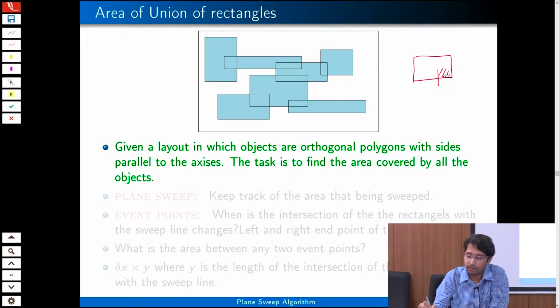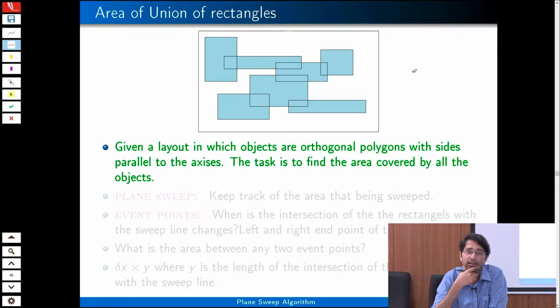So how to solve it when there are n rectangles? Very good. Have you heard of the term inclusion-exclusion principle? Here it will be useful to apply inclusion-exclusion, right?